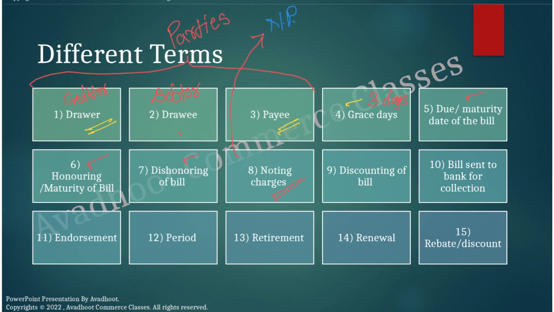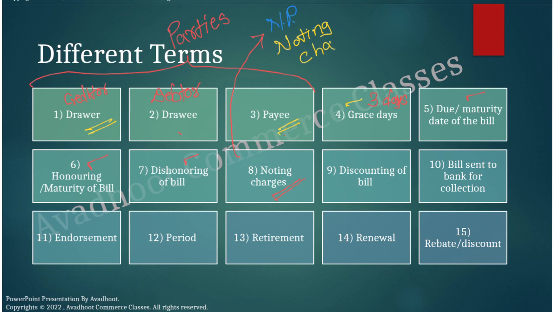The notary public has to make the bill noted and protested. What do you mean by noted and protested? In simple words, the drawee has to declare that he is not in a position to make the payment of the bill, and therefore for that transaction, whatever amount is charged by the notary public is called noting charges.